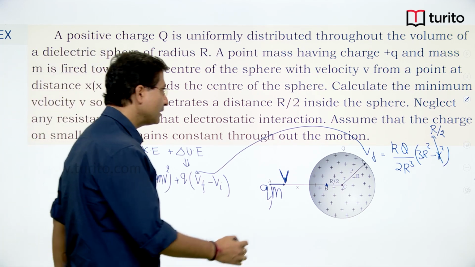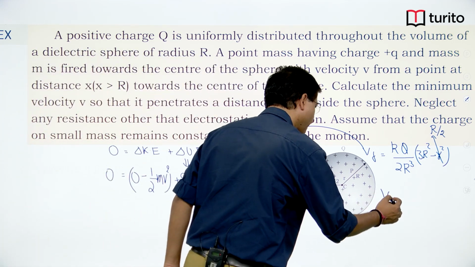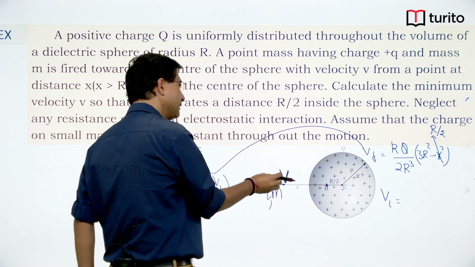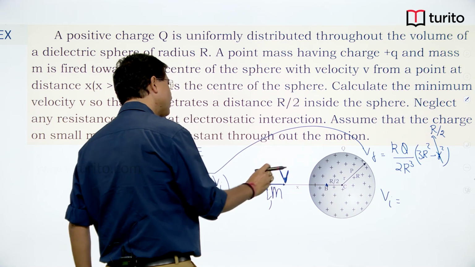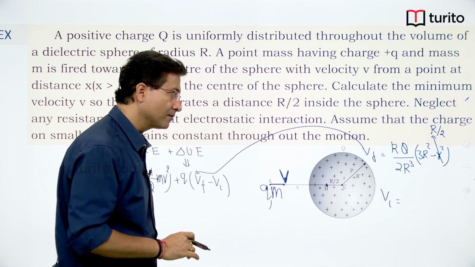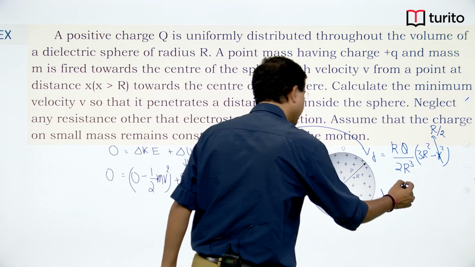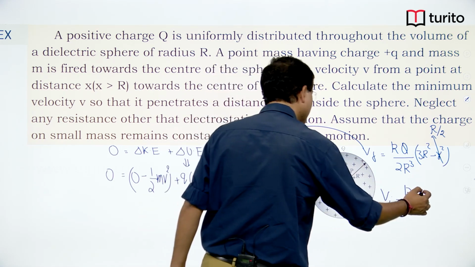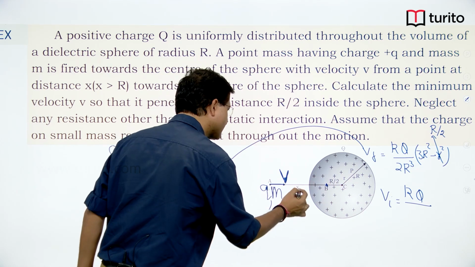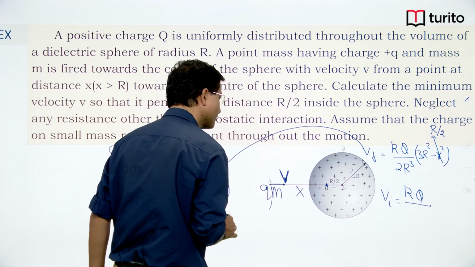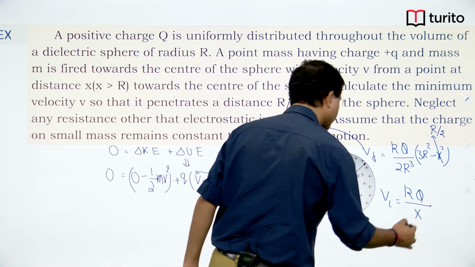Now, I require initial potential. As the initial point of projection is lying outside, for outside we have the potential formula kq by r, right. So, k q divided by r, where the distance is given as x. So, I will write x here.